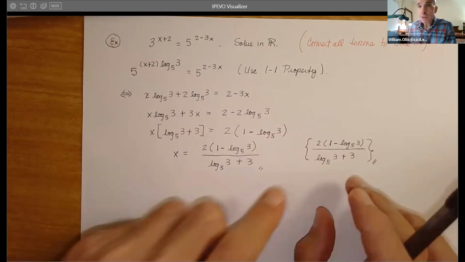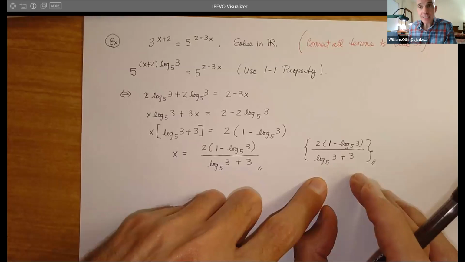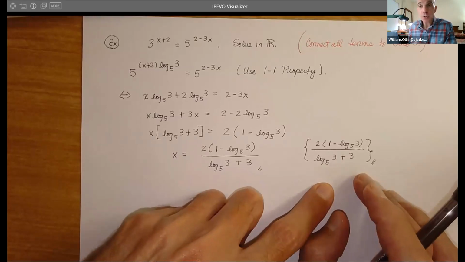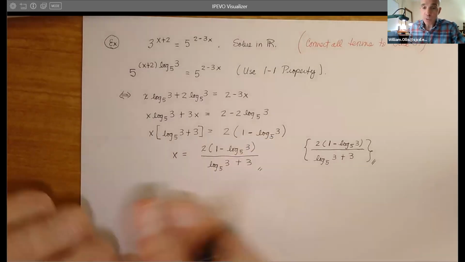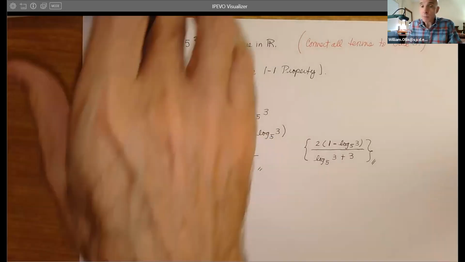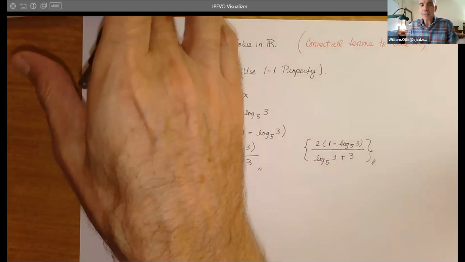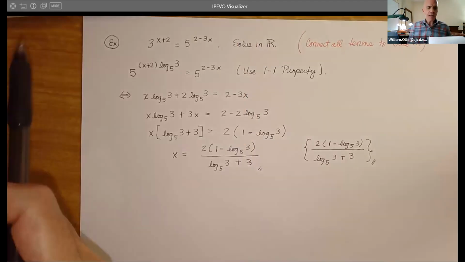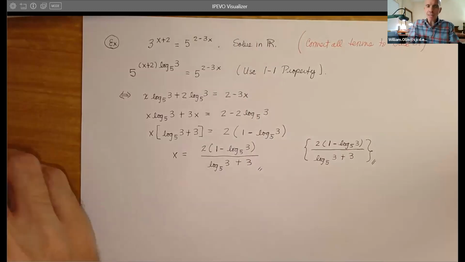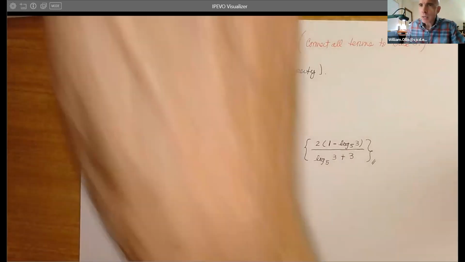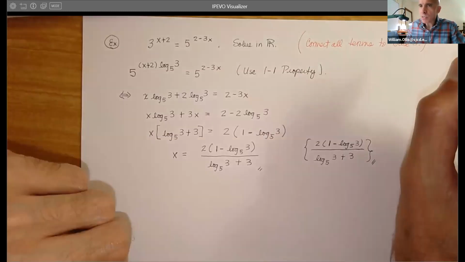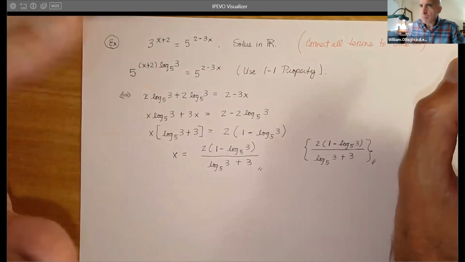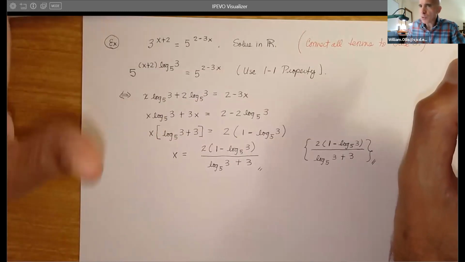But when you type your solution into WebAssign, an exact solution is all WebAssign wants. And then you can use your Google calculator to get a decimal approximation if that's what WebAssign requires of you. And I'm not bothered by that. I think it's a good thing to actually be able to get that approximation, because again, as a future STEM professional, approximations can be very useful for your clients.